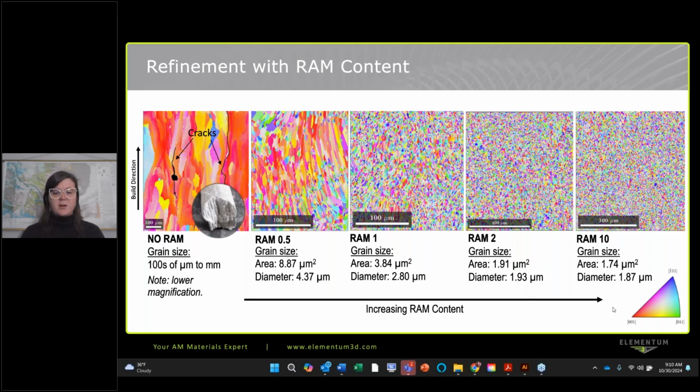So many of our products are RAM2, but we can basically add more particles beyond that to have a composite or particle strengthening phenomenon. And so we see in our RAM10, while we're not necessarily refining the particles further, we might be able to take advantage of those composite properties. So this allows a wide window for different materials we can provide to meet different applications.